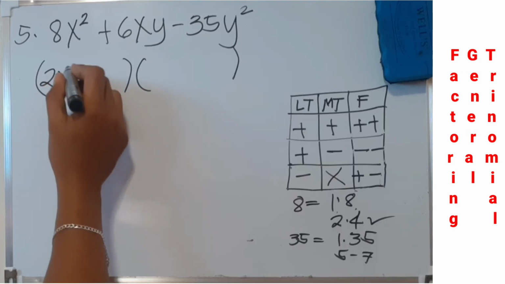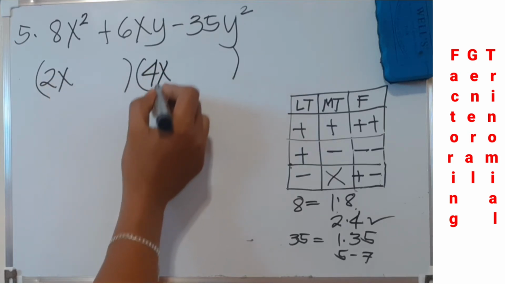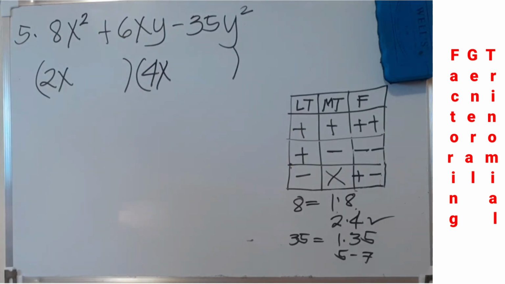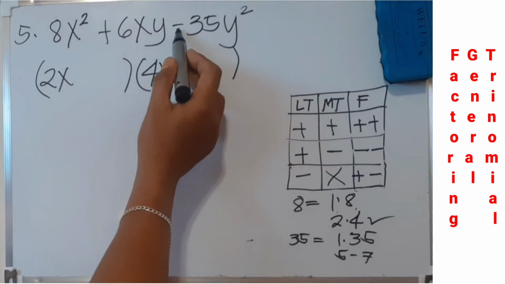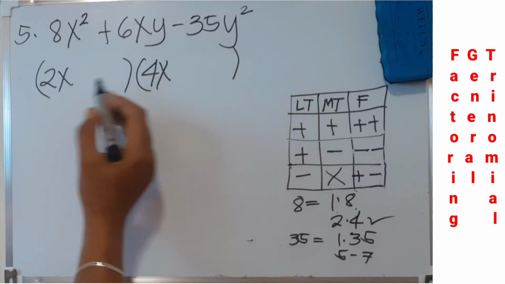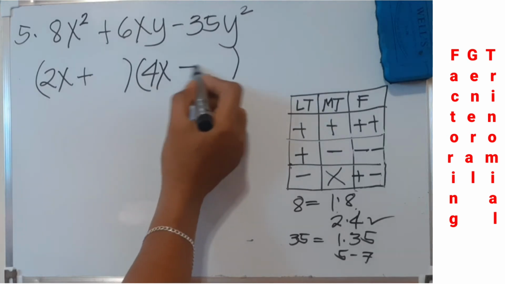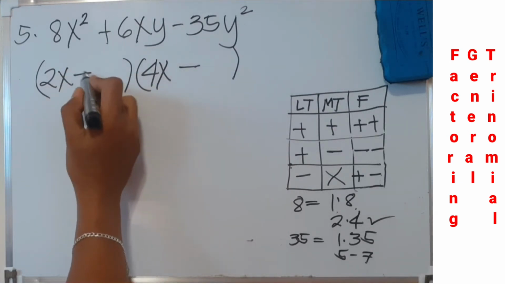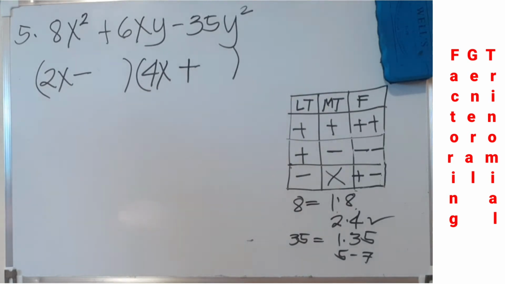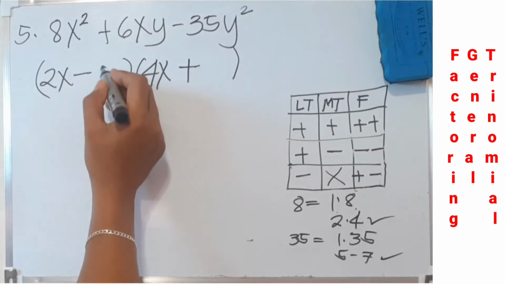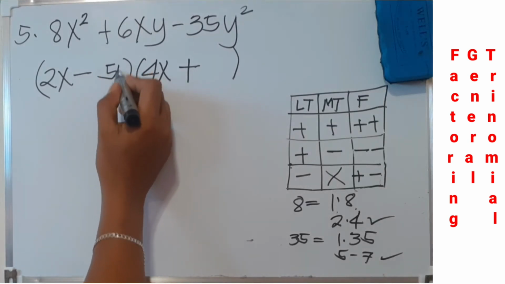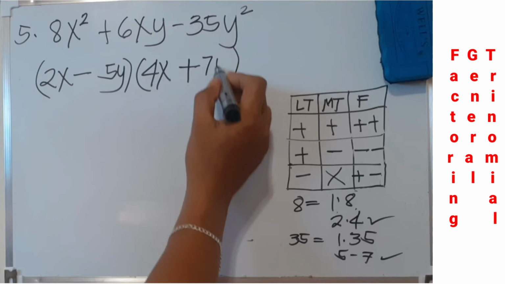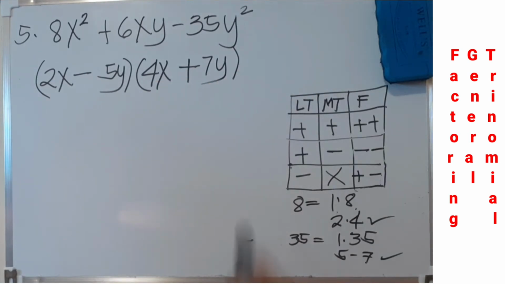So we have 2x and 4x as the factors of 8x squared. Since the last term is negative, we have plus and minus, or it can also be minus and plus. It's up to you. Then let us try 5 and 7. So we have 5y and 7y because we have y squared there.